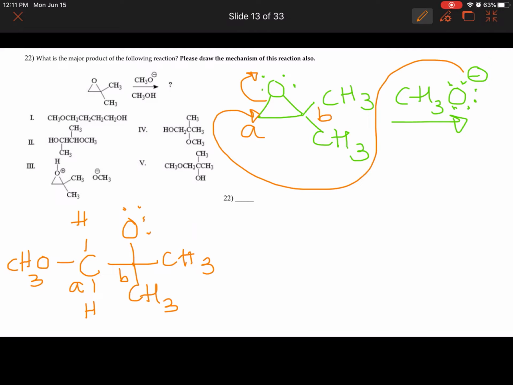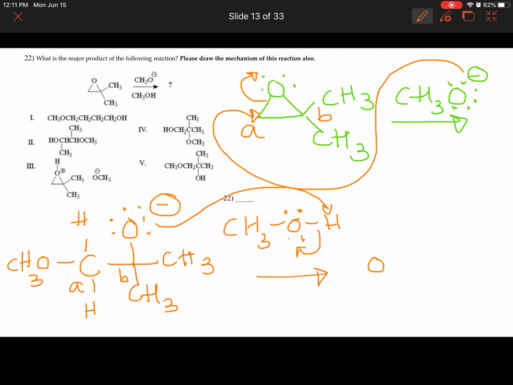Then you go to the carbon B, it has 2 methyl groups and also the oxygen anion, O minus. Now the final product. So this is a 2-step reaction. First step you add the methoxide, and in the second step you are adding methanol. So the methanol hydrogen would serve as a proton source for the oxide ion to be protonated.